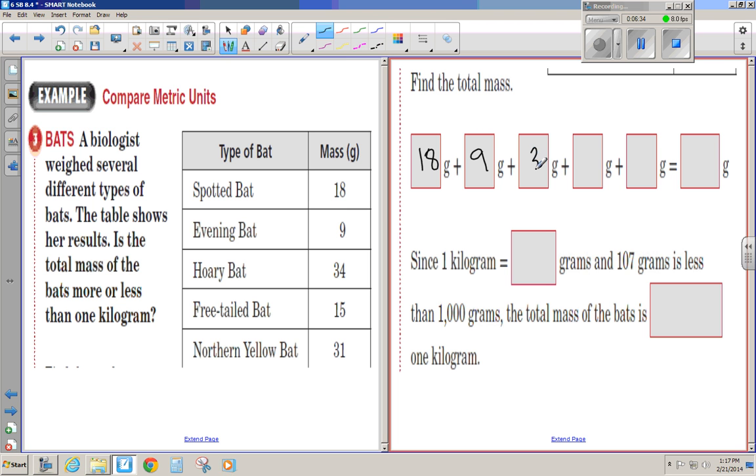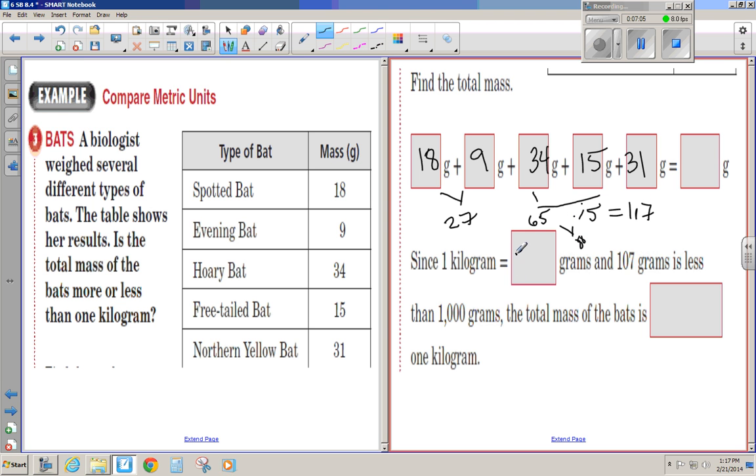You're going to start by adding them all up. 18 grams plus 9 grams, and so on. That's 107 grams.